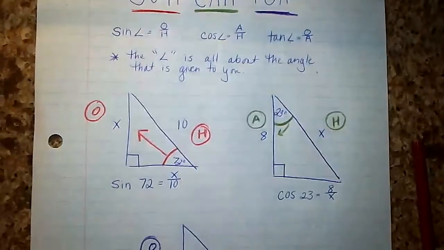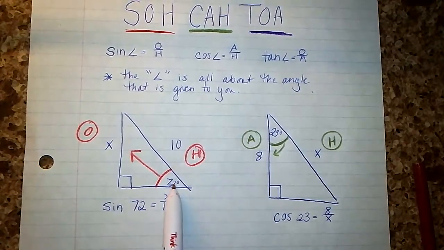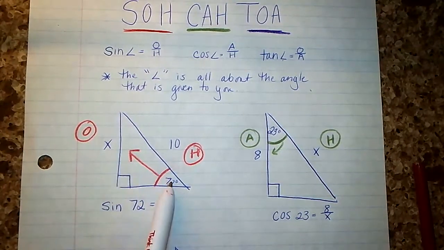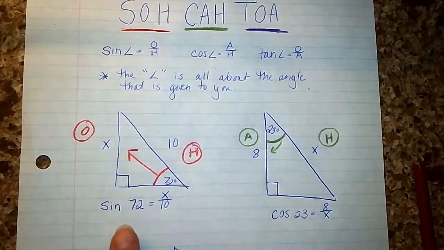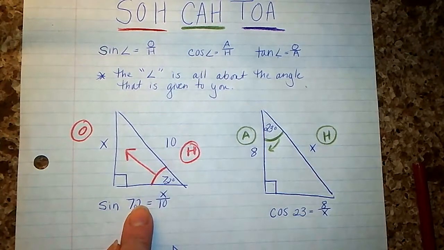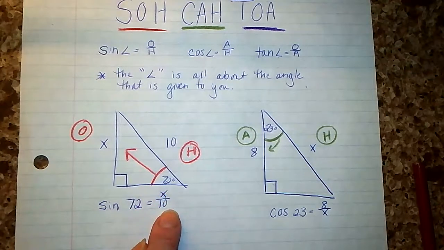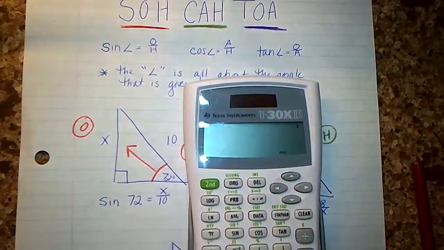Okay, so let's take a look at this example. So in this example here, from the 72-degree angle that they give you, you have an opposite and you have a hypotenuse. So O and H, opposite and hypotenuse, are sine. So you're going to set this up. The sine of the angle 72 is equal to the opposite x over the hypotenuse of 10. And then you go to your calculator.